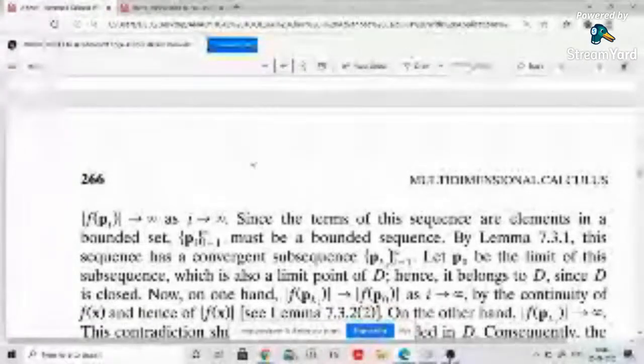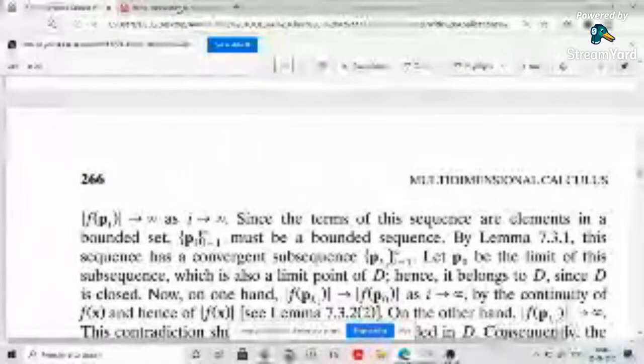You know that in real analysis, we can see that every bounded sequence has a convergent subsequence. In the book of Bartle, you can see that theorem.